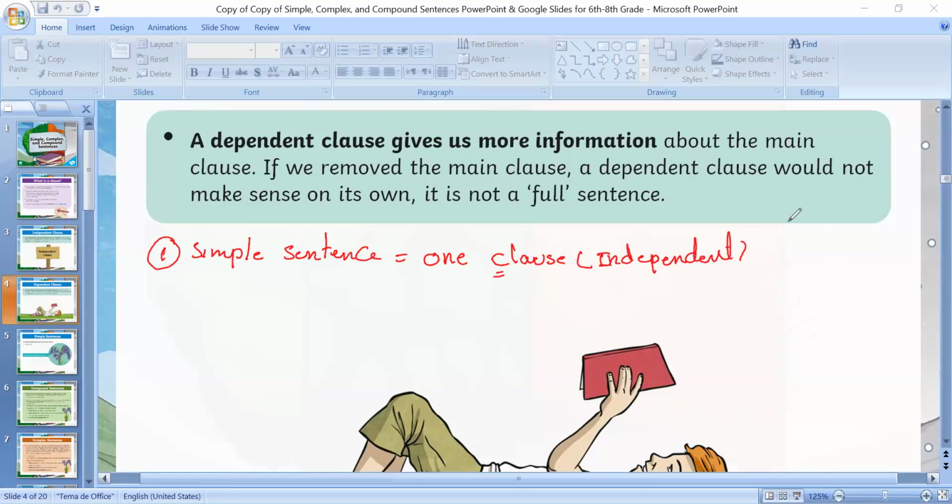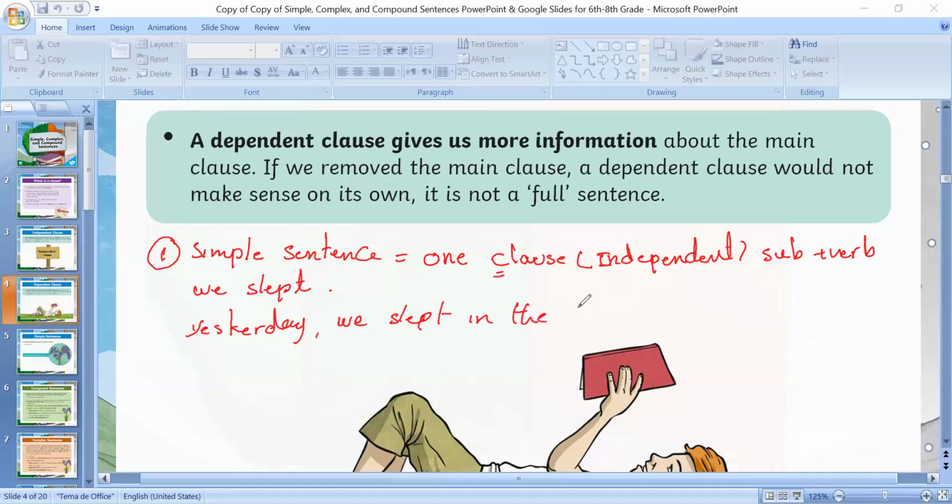Any clause, we said, must consist of a subject and a verb. So if I say, we slept, this is a simple sentence. If we say, yesterday we slept in the hotel, the sentence is still an independent clause, and it's still simple because it's one clause with one subject and one verb.